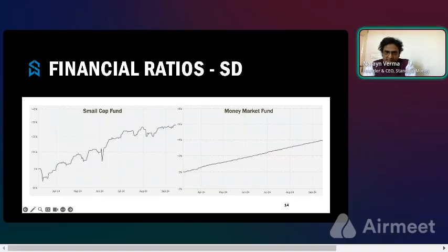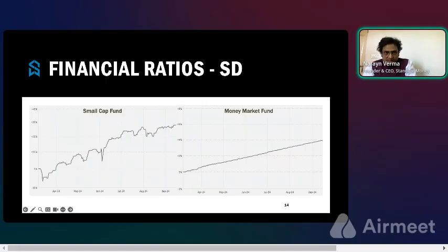A very volatile performance. On the right side, you have a money market fund, which is pretty consistent with its return. It continuously goes from 0% to 4%. There is less volatility, more assurance that your money is going to grow, but the rate of growth is going to be low with the money market fund.